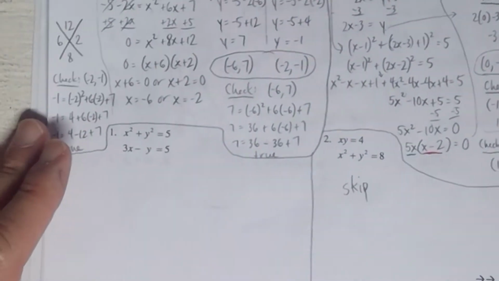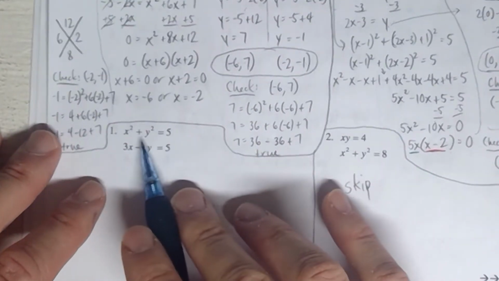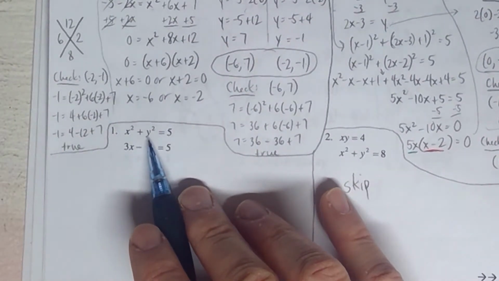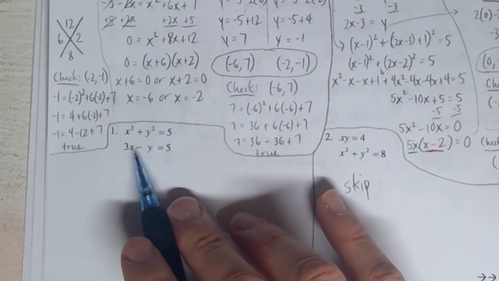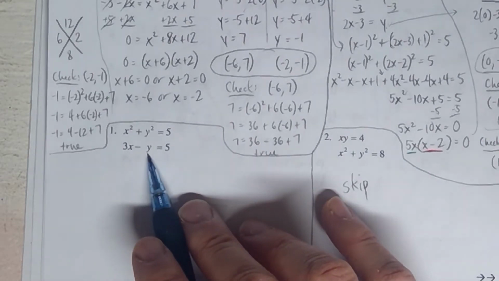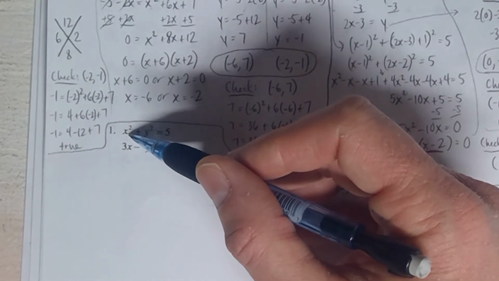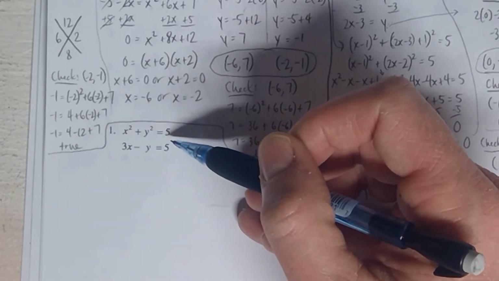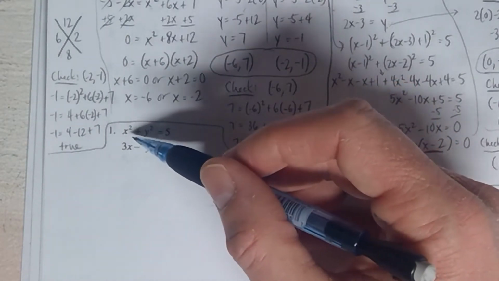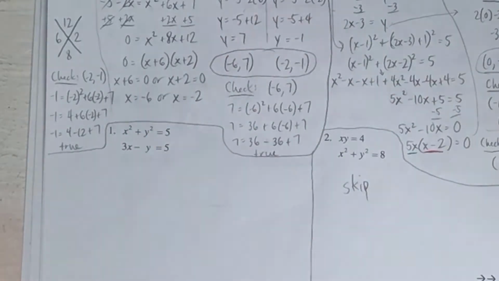But in number 1, you might be wondering, is it okay if I take either x squared or y squared right here and get the x or y by itself using one of these two terms up here?